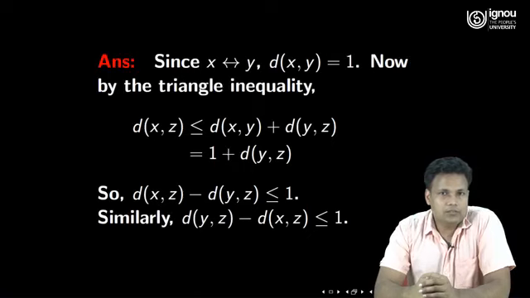In the same way, we can show that the distance between y and z minus the distance between x and z is also less than or equal to 1, and therefore the absolute value of this difference is also at most 1.